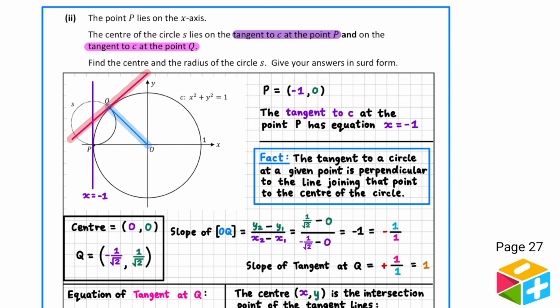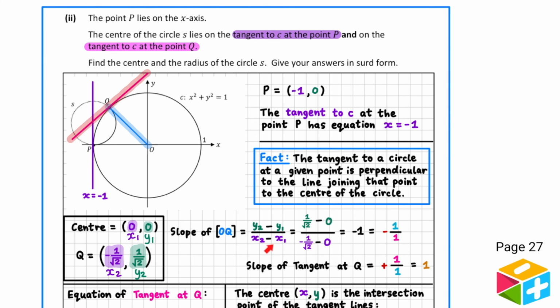As it turns out, we know the coordinates of 2 points on the line OQ, namely O and Q. O is the centre of the circle, which has coordinates 0, 0, and we label these with x1, y1. Q has coordinates -1 over root 2, 1 over root 2, and we label these as x2, y2. These coordinates were provided to us in the previous part of the question.